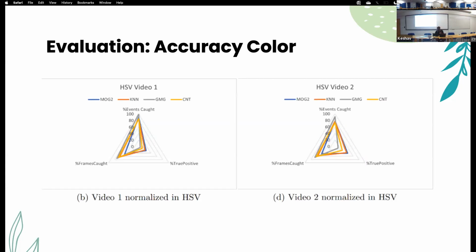Moving forward to look at how this accuracy changes on color information, we can clearly see a substantial drop in the true positive pollination frame detection rate across all background subtractors.